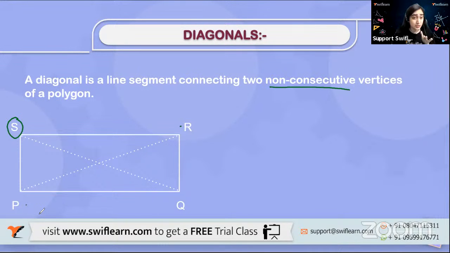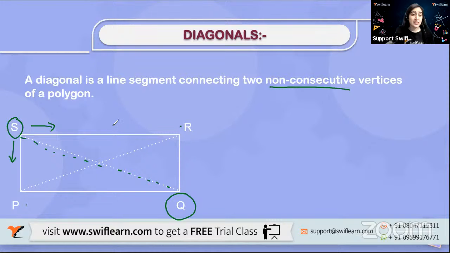If I go from this direction, I can go here or here, and I get P and R. But what is happening is I am leaving Q outside, so it is not joined with S. The vertex which is in a different place, which we have to go to from here, is not joined together. It's not next to it. It's not adjacent. So that is known as non-consecutive vertices.